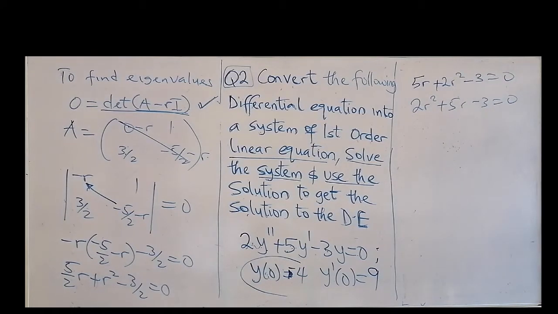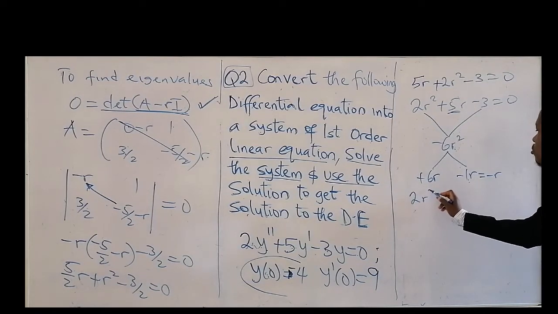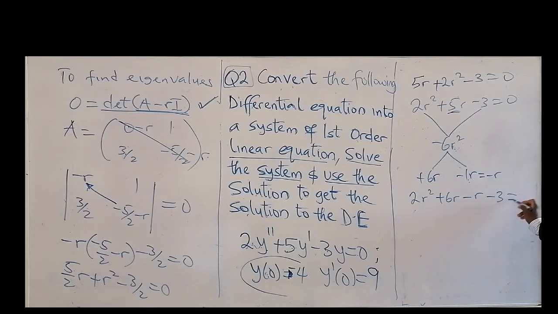Okay, to factorize now, this one times this one is minus 6r squared, and the factors of this are 6 and 1. So how can we use 6 and 1 to get a plus 5 here? That will be plus 6r and minus r. So we now have 2r squared plus 6r minus r minus 3.